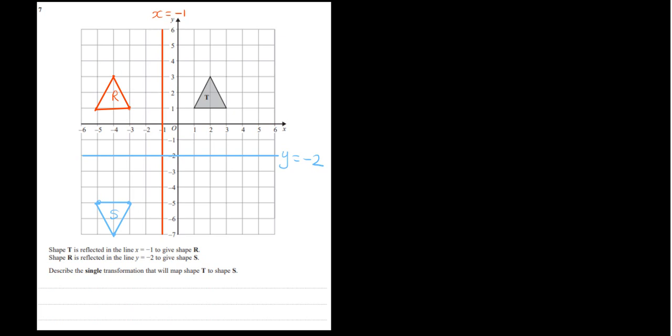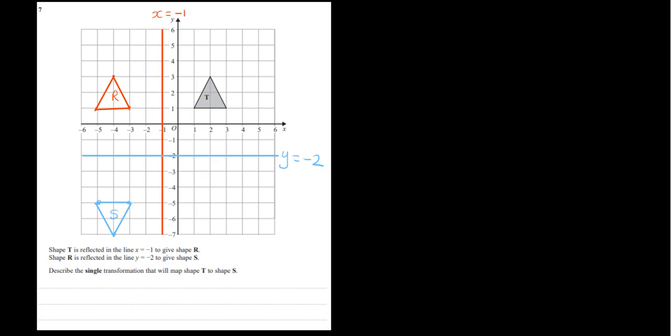So if I had tracing paper, what I would do is place my tracing paper on top of shape T, which is my object. I would draw over the tracing paper, hold it down with a pencil at the origin, and rotate it 90 degrees clockwise, which would probably end up somewhere over there.